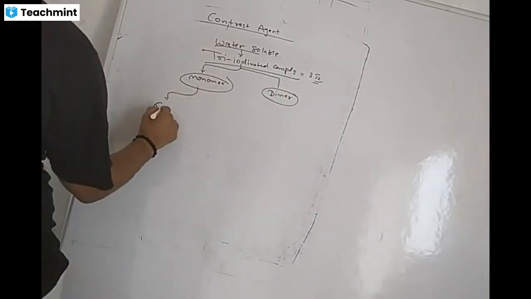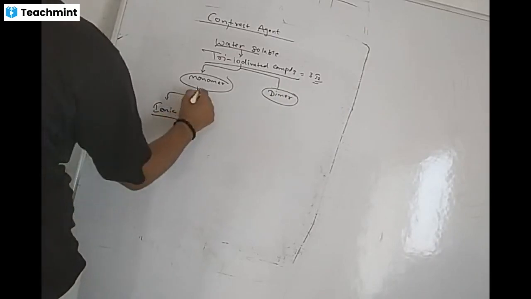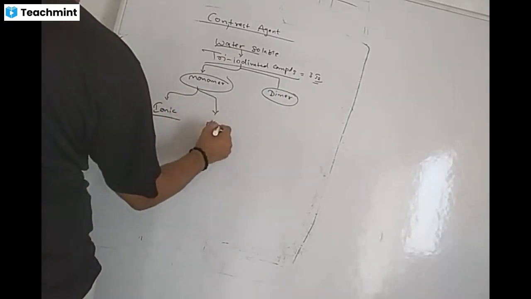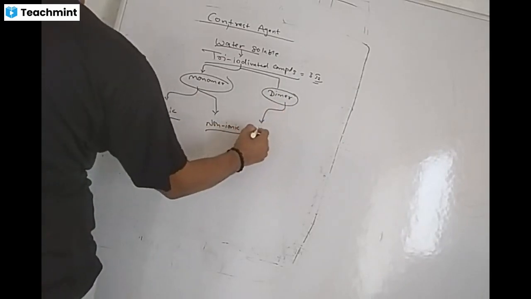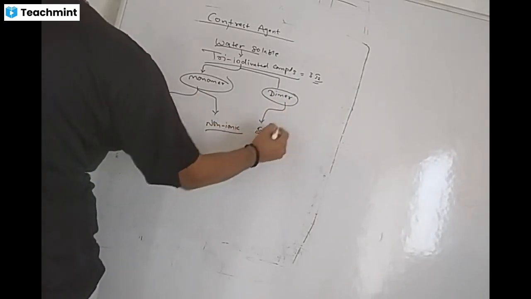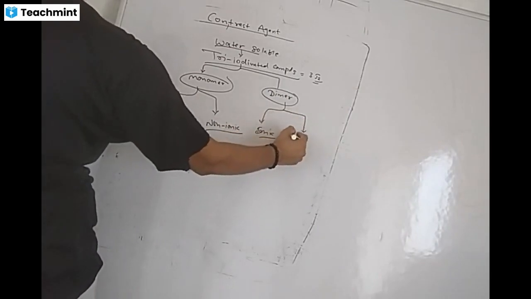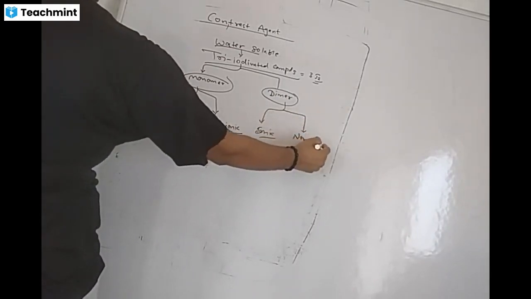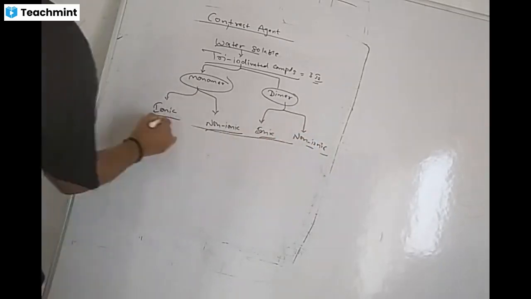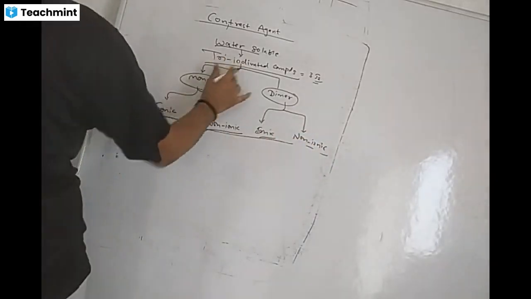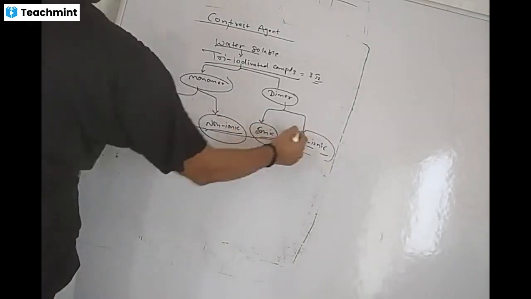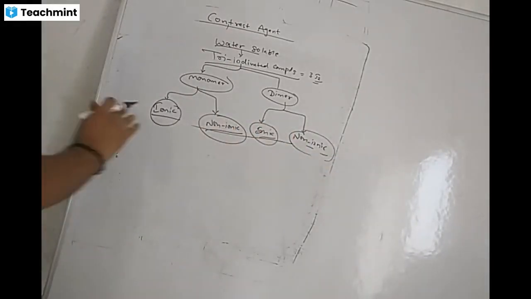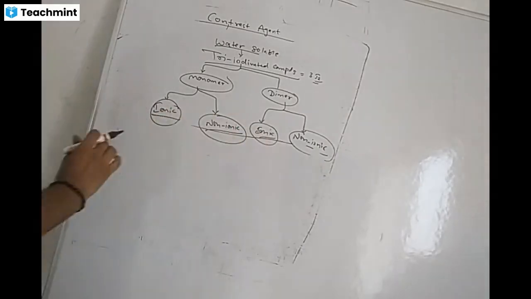Monomer may be ionic, monomer may be non-ionic. Similarly, dimer may be ionic, dimer may be non-ionic. So these compounds belong to these 4 groups.